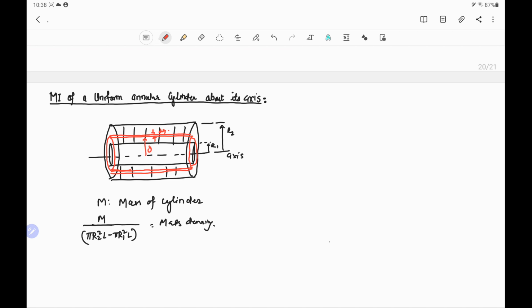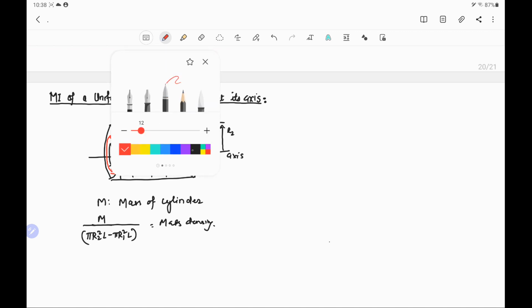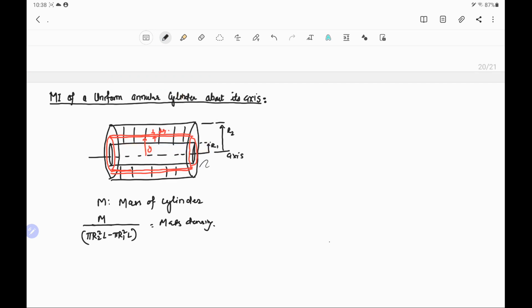Therefore, now the volume of this elementary cylinder will be 2 pi y. This is the circumference of this circular part multiplied by its length. This will give the surface area of this cylinder, and then multiplied with dy. This gives the volume of this elementary cylinder.